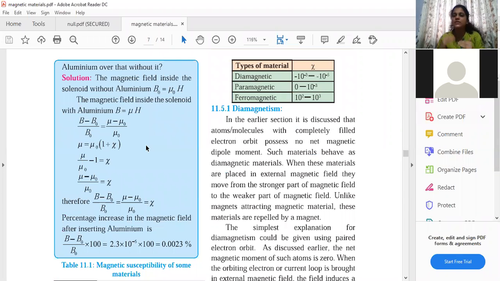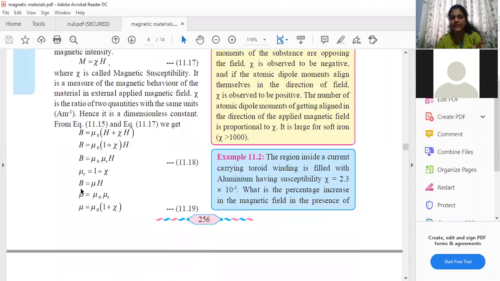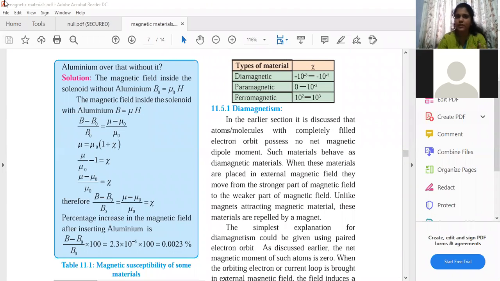We know that B naught is μ naught into H. Students, this they have written according to the formula that we derived over here, that B is equal to μ into H. So depending on this formula, the magnetic field inside the solenoid when nothing is present is B naught equals μ naught into H. The magnetic field inside the solenoid with aluminium: after I put the aluminium inside, the magnetic field now becomes B. So B is nothing but μ into H, which you all already know.